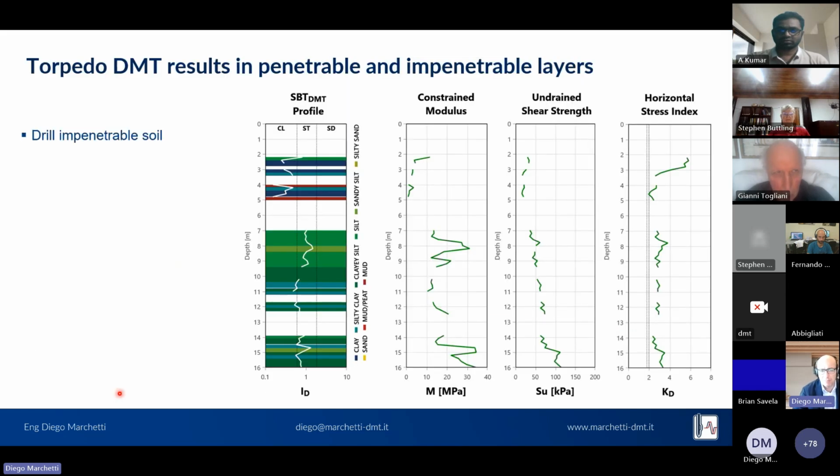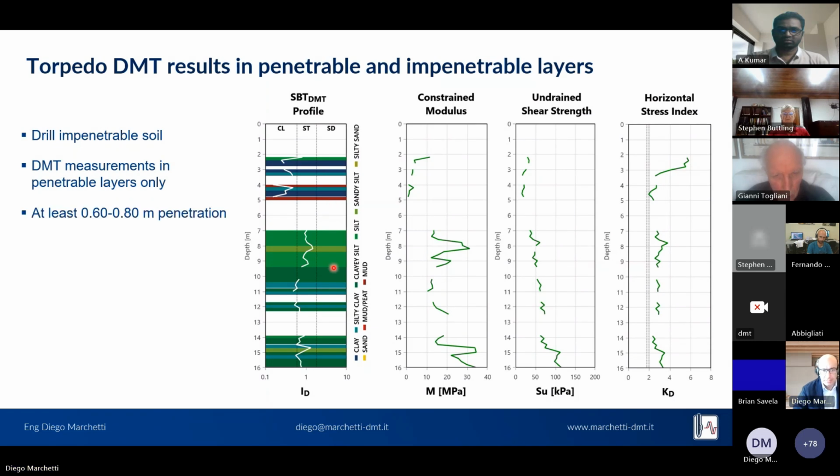So this is an example of an alternation of penetrable and impenetrable layers. You drill the impenetrable layers, and the measurements are performed only in the penetrable layers, pushed with a drill rig. You want to have at least 3 or 4 measurements, so 60 or 80 centimeters of penetration to confirm the readings in that layer.